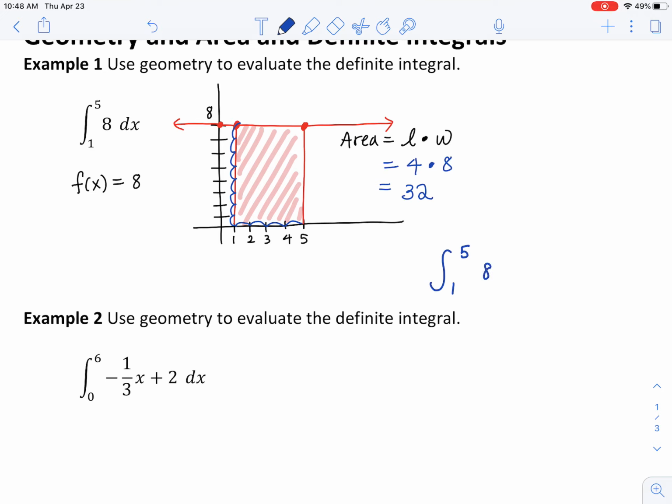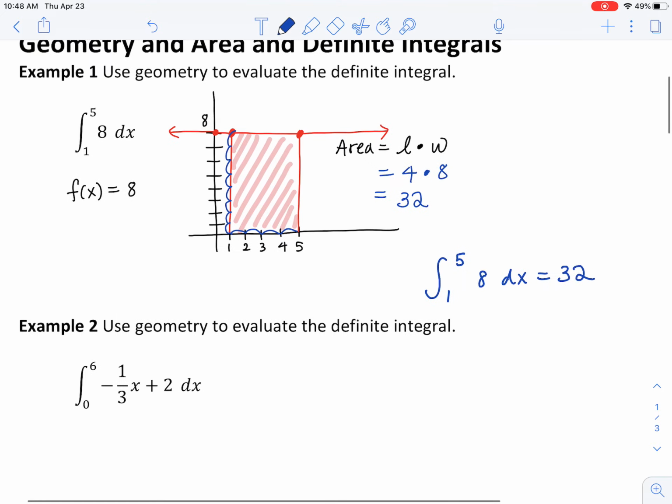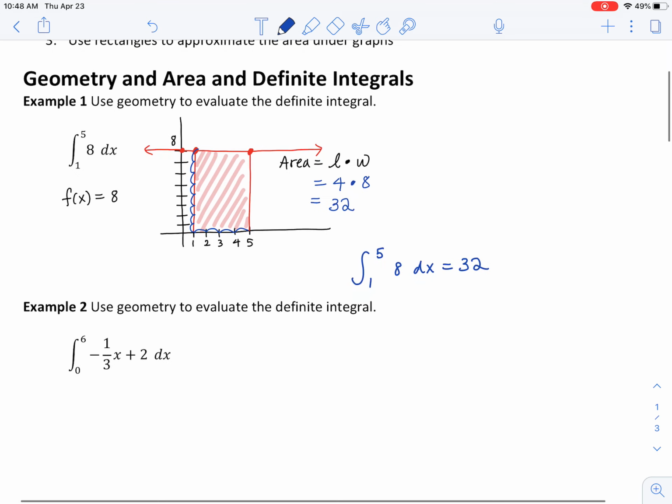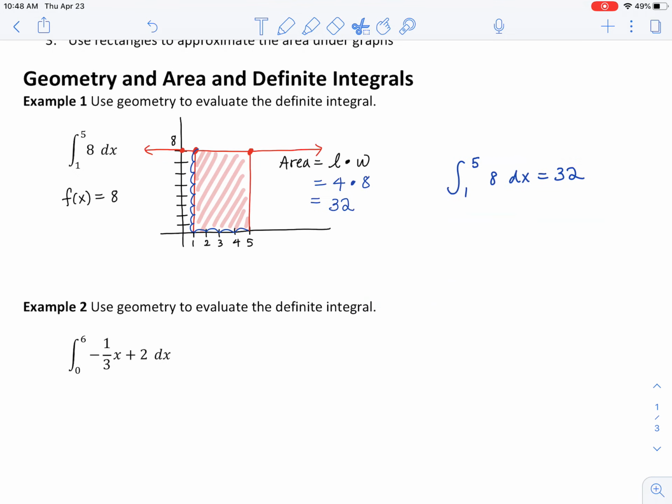Therefore, the area is 32. So we just evaluated our first definite integral using geometry. How awesome. Now, I'm going to go ahead and write my final answer. Integral from 1 to 5 of 8 dx equals 32.